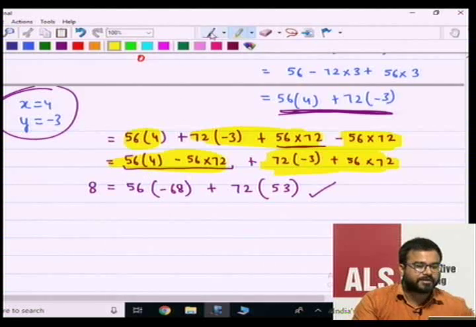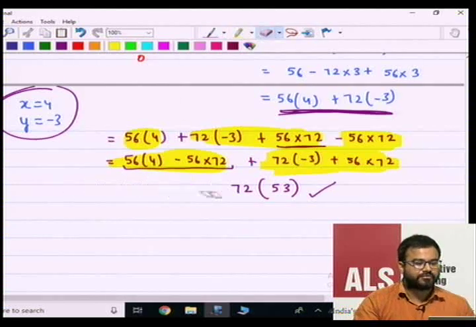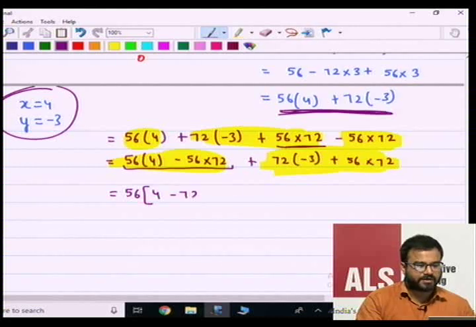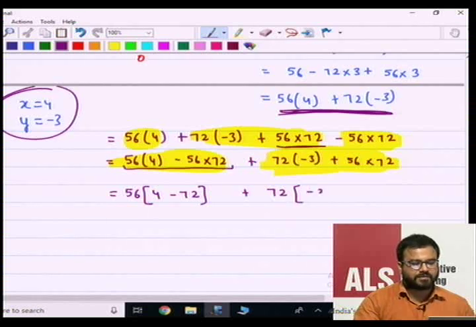Let me write it once again so it will be more clear to you. When I take 56 as common, I will be left with 4 minus 72, and from here when I take 72 as common, I will be left with minus 3 plus 56.